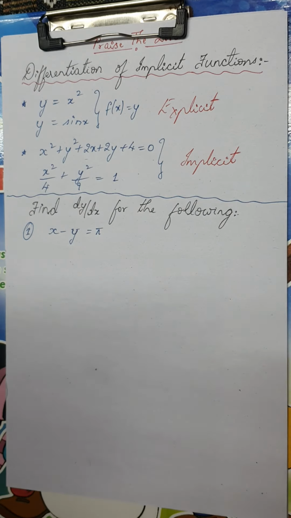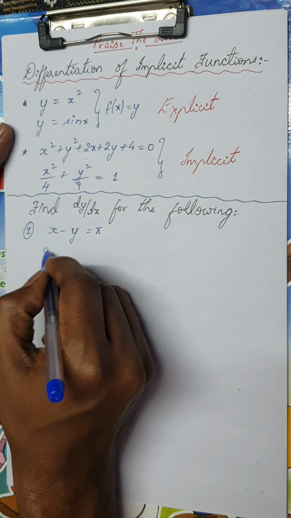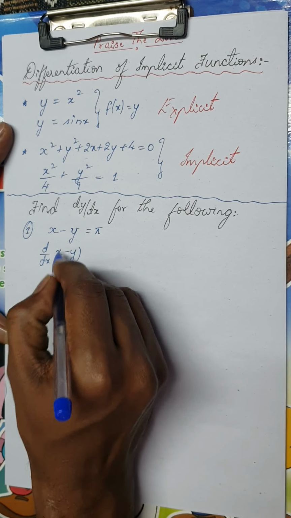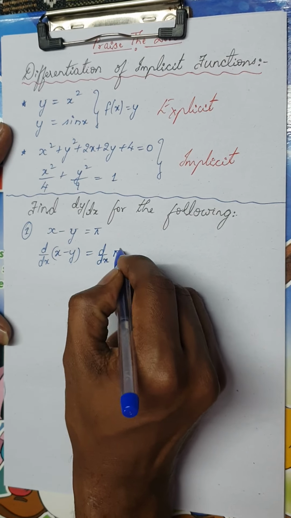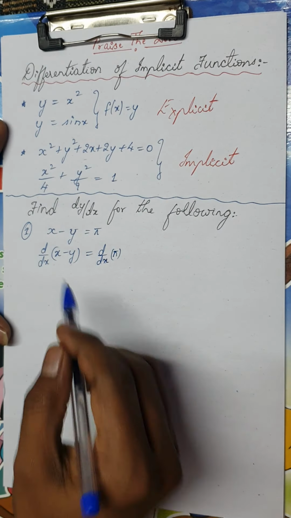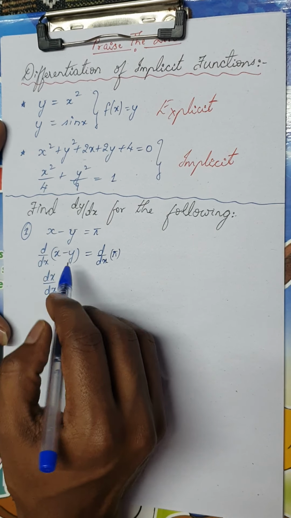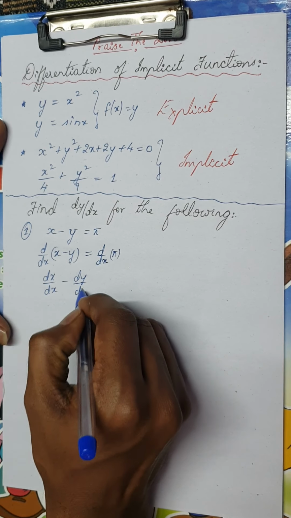Let us consider the simple example. This is a worked example in your textbook. Let us see the first procedure in detail. We always differentiate with respect to x here. Please be careful. Now we can use the sum or difference rule: dx by dx minus dy by dx.